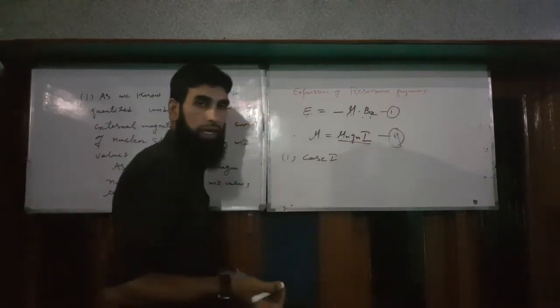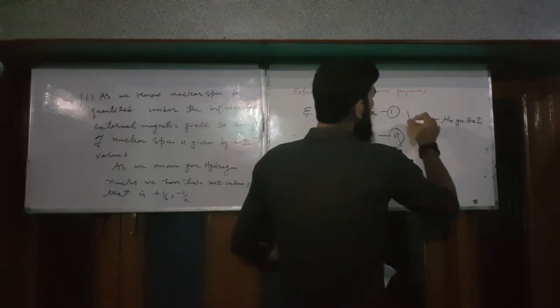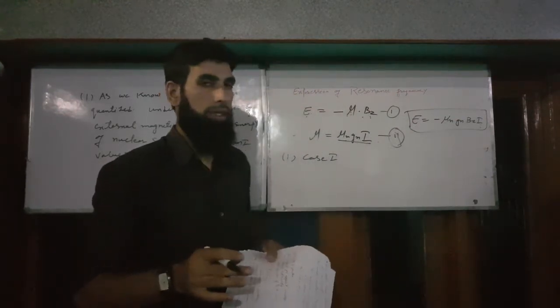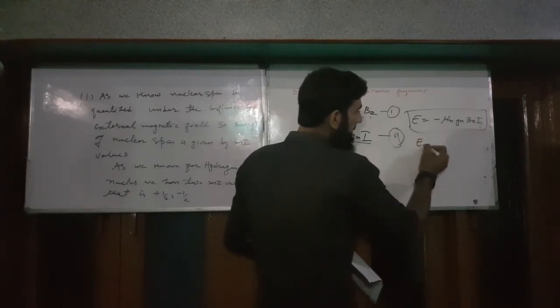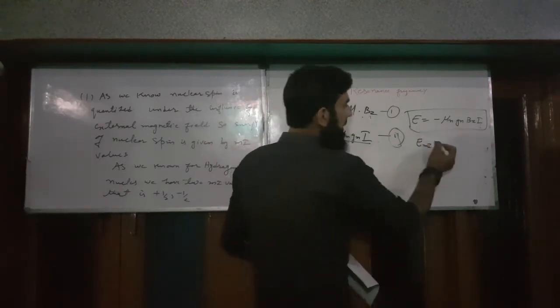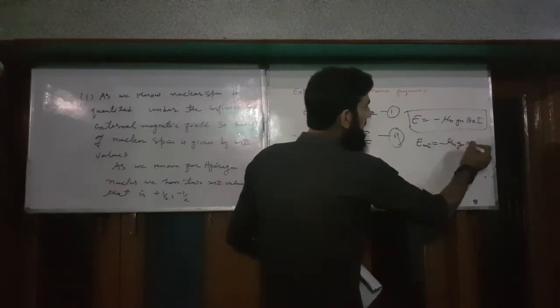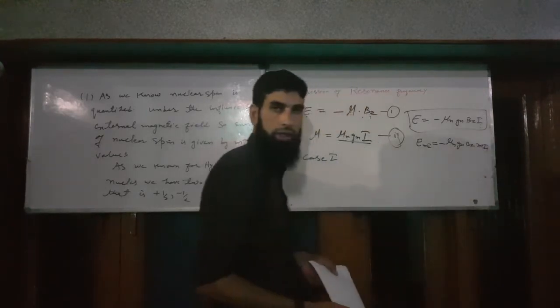We have obtained the general energy expression. This energy is equal to minus mu n Gn into Bz into I. Now if we have to determine the energy of Mi values, the expression is E, energy of Mi, is equal to minus mu n Gn Bz, and in place of I we write Mi.